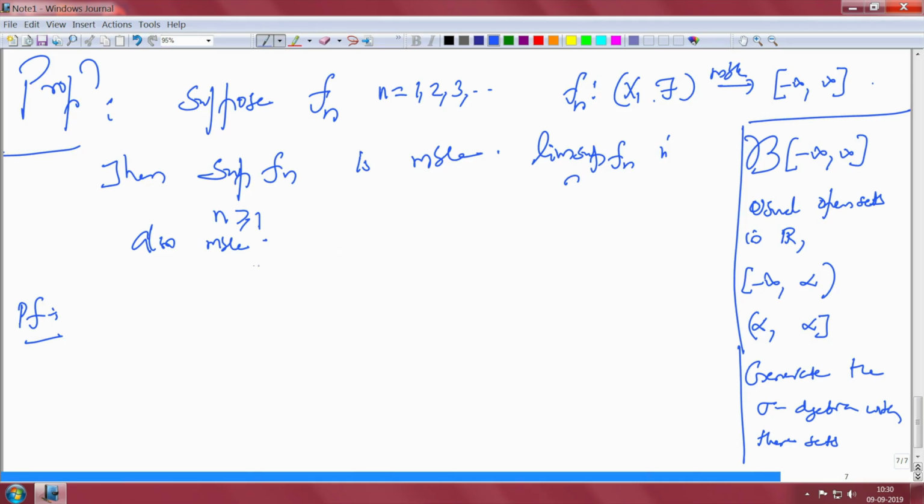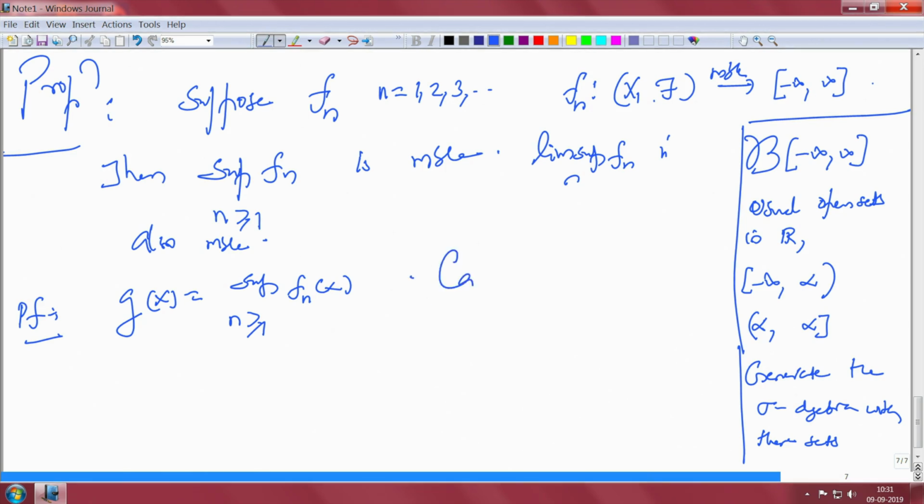Proof of this is very easy. Let's call g of x equal to the supremum over n greater than or equal to 1 of f_n of x. So this supremum of f_n is a function g of x, which at each point x is simply the supremum of the values of f_n of x. These are values taking values here, right.